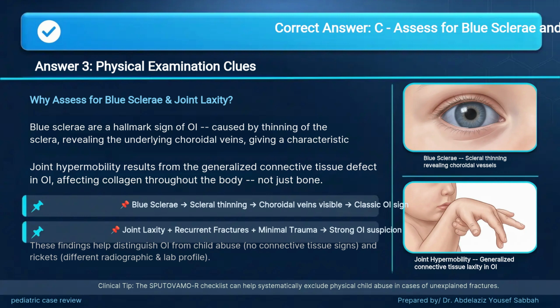Joint hypermobility results from the generalized connective tissue defect in osteogenesis imperfecta, affecting collagen throughout the body, not just bone. These findings help distinguish osteogenesis imperfecta from child abuse, which shows no connective tissue signs, and from rickets, which has a different radiographic and laboratory profile. Remember the clinical tip: the SPUTIV-MOR checklist can help systematically exclude physical child abuse in cases of unexplained fractures.